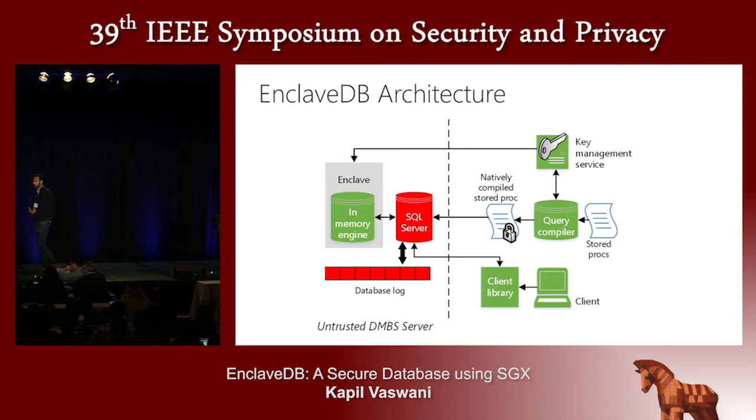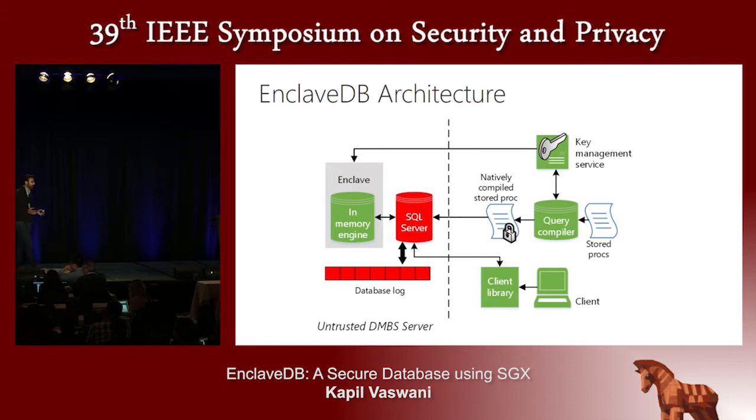The in-memory query engine also has a transaction manager that is responsible for concurrency control and serializing these transactions. The whole server uses a shared database log for serializing transactions and persisting them for recovering from failures. The whole logging component in EnclaveDB is completely untrusted.